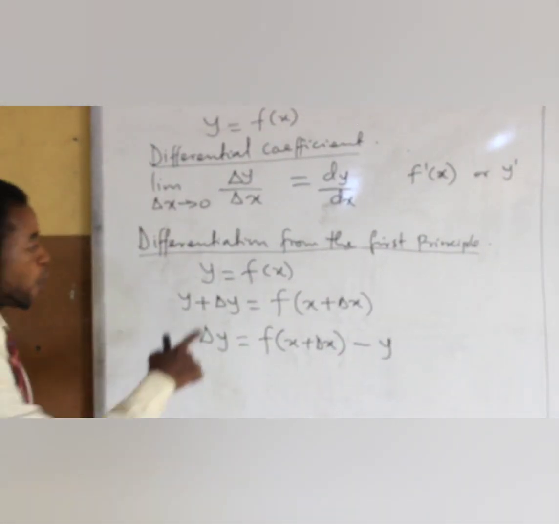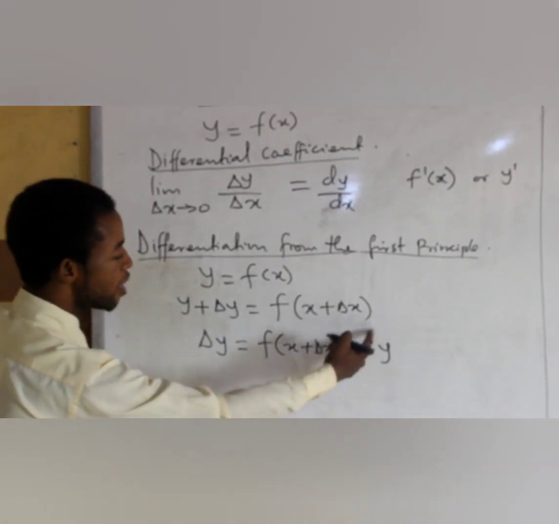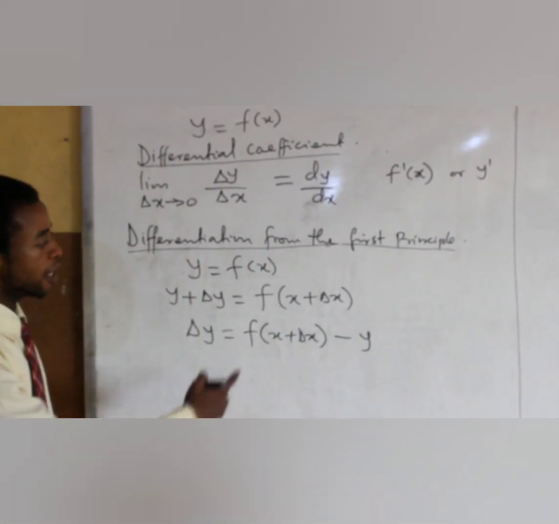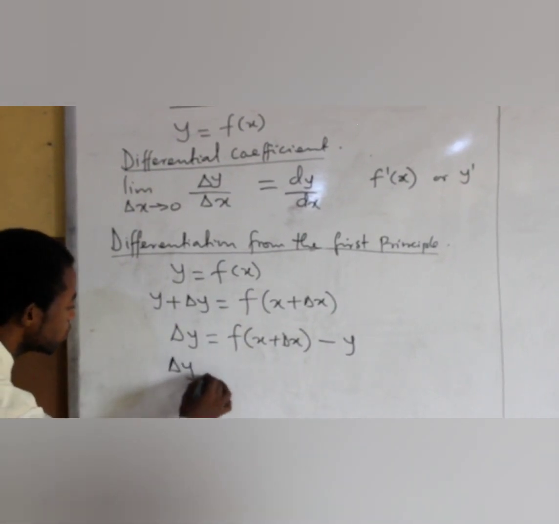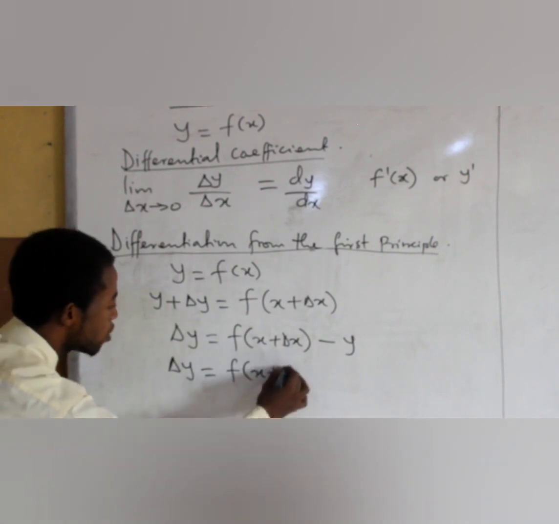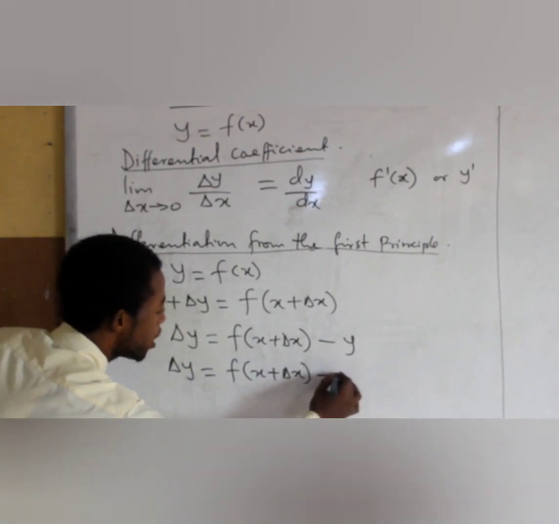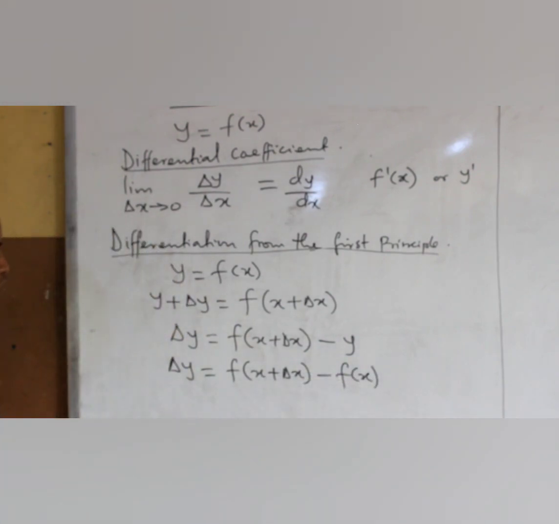Don't forget that our y here is f of x, so instead of writing y here, we can write f of x, and we now have delta y equals f of x plus delta x minus f of x. So with this, we now have our delta y here.